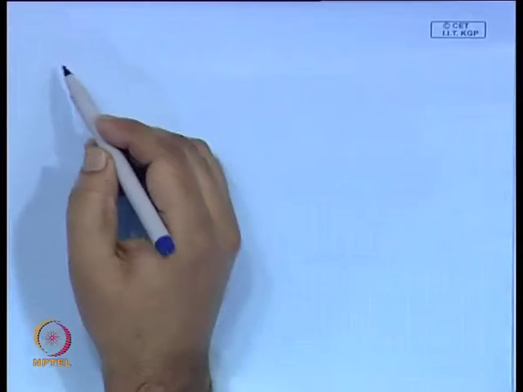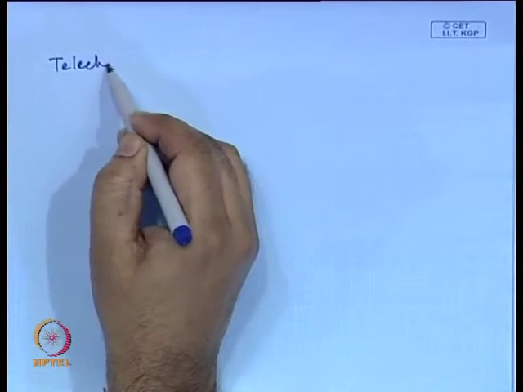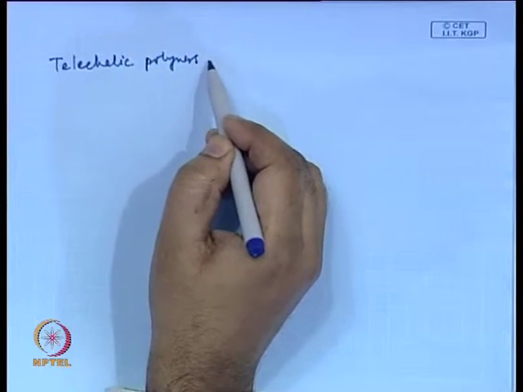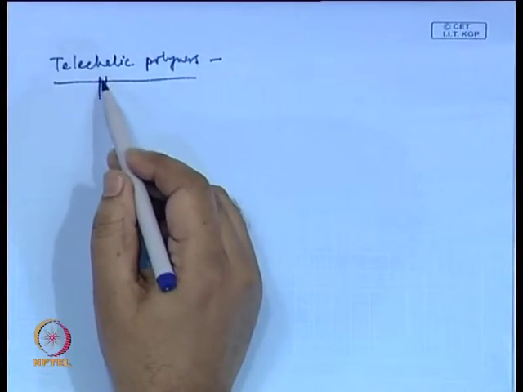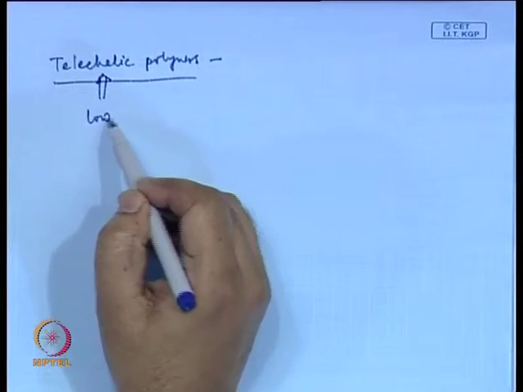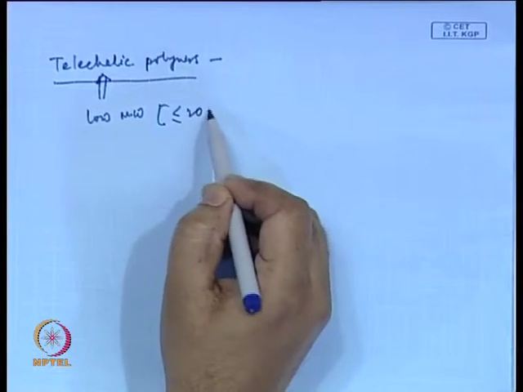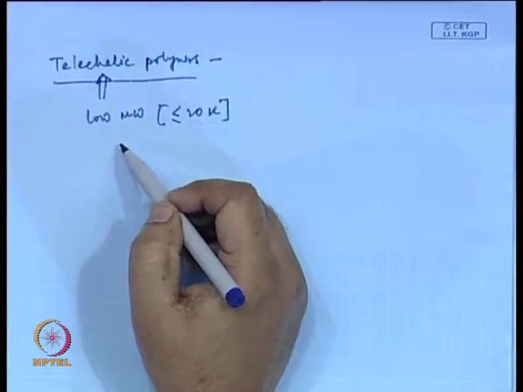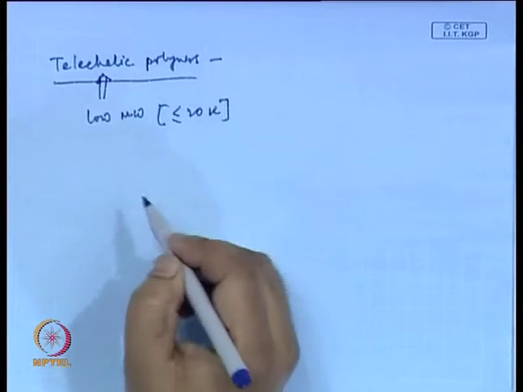Now, this cationic chain polymerization can be utilized to synthesize telechelic polymers as well, where the telechelic term means low molecular weight, typically less than 20K molecular weight, with a functional group at the end, which can be utilized for further reactions.